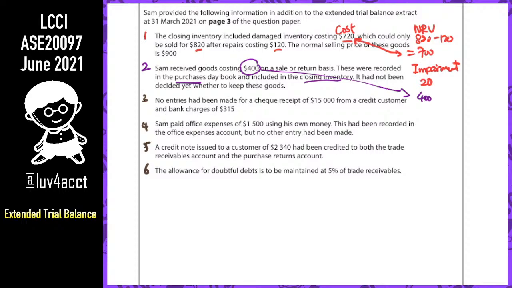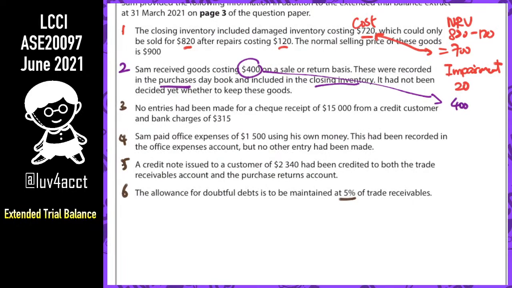We cannot skip, because when we calculate the allowance for doubtful debt maintained at 5%, we have to make sure that we know the updated balance of our trade receivables, and there are adjustments before item 6 that are related to receivables.